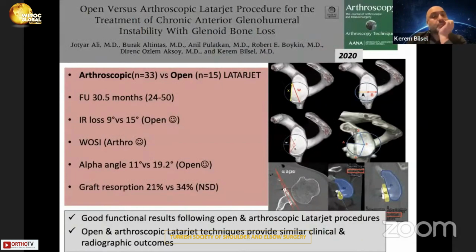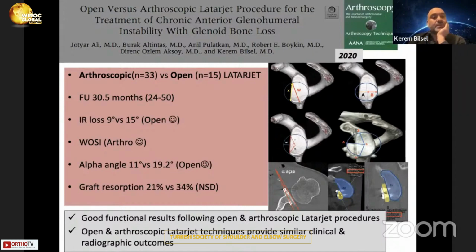So in 2020, we did a study about it. We checked our results and we compared the arthroscopic and open one. And in terms of WOSI score, the arthroscopic one was better.